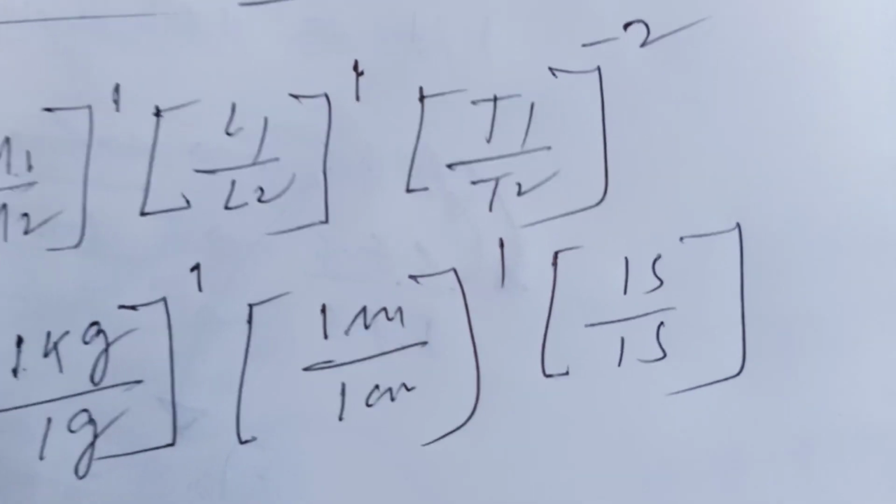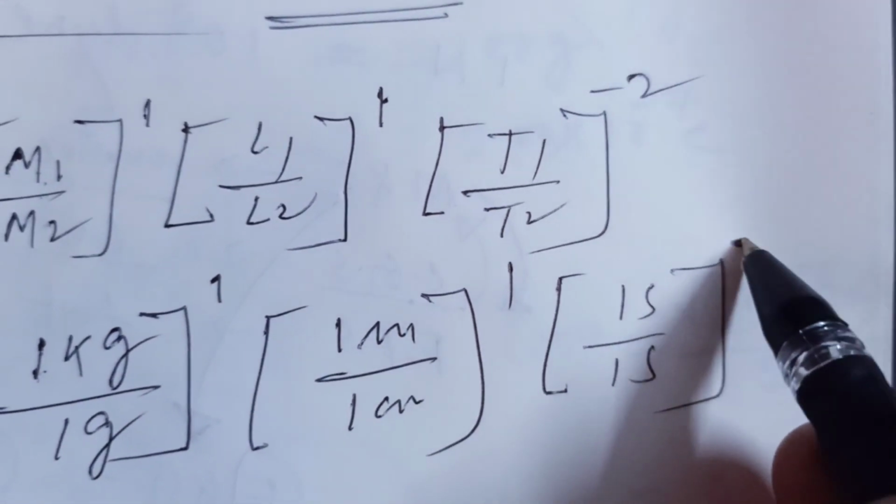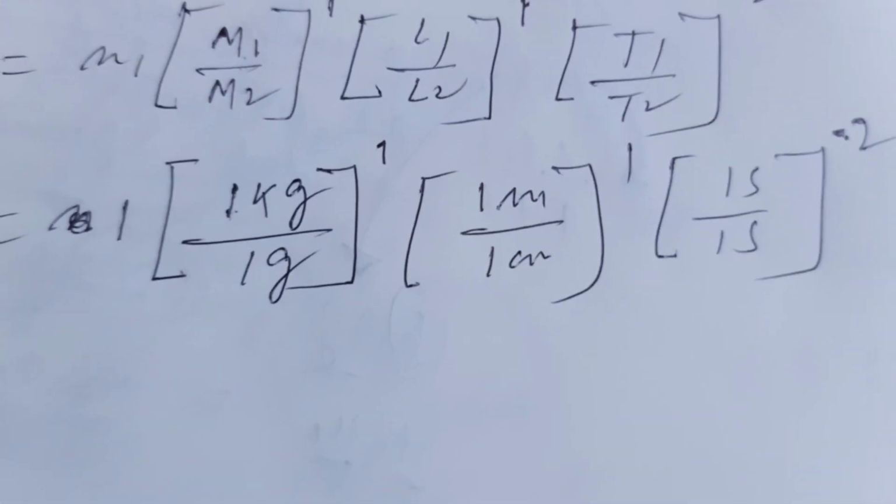Why? Because the CGS and SI unit of time is 1 second.